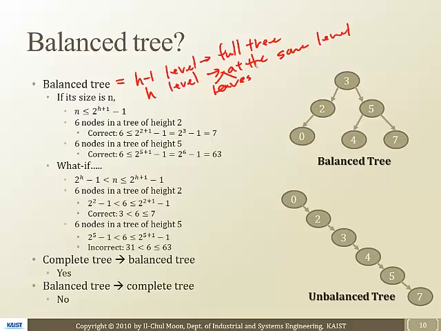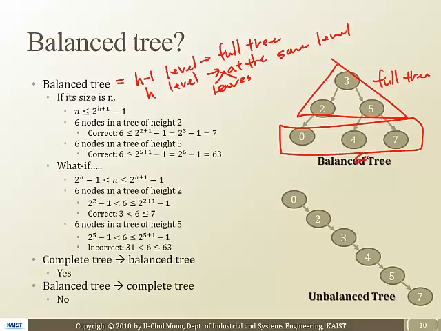If we draw the diagram, it looks like this. Upper side we have a full tree, right? And down there we have the same level leaves, right?